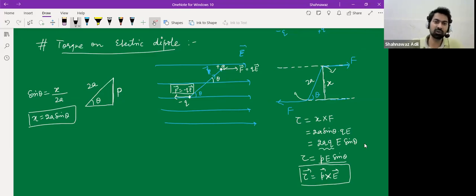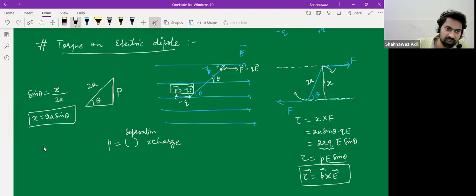So we know that the dipole moment is defined as the separation into the charge. Separation is 2a, and the charge magnitude is q.